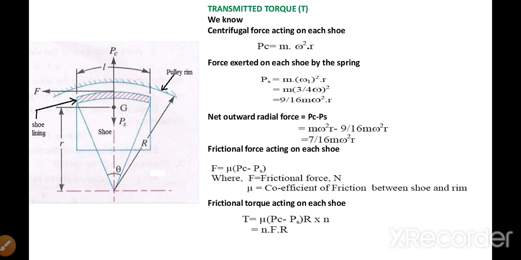Now once we get this net outward radial force by which the shoes are pressed against the rim, you can calculate the frictional resistance developed between the shoe lining and the pulley rim.